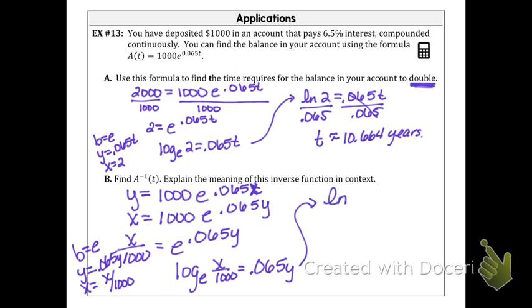So that means the natural log of x over 1,000 equals 0.065y. Sorry, I forgot my y. Because I know I'm about to divide and I don't like fractions within fractions, this, remember, is like 1x over 1,000, and 1 over 1,000 is 0.001x. It doesn't matter, though. You could have left it the other way.